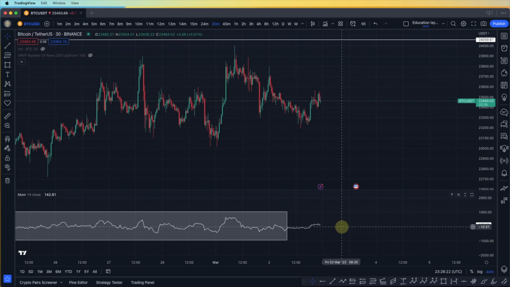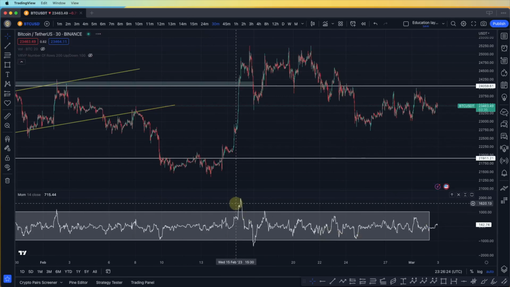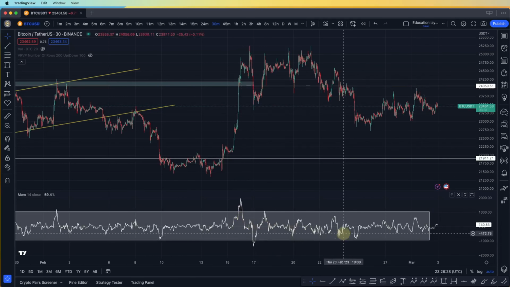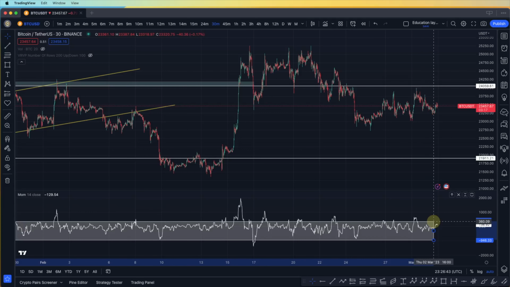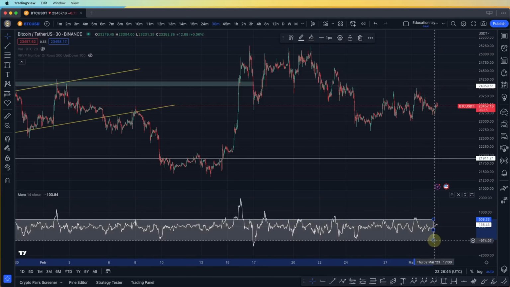If you're going for the lower time frame, this gets a confirmation from this area, because this breaks above this one as well. But if you want to trade on the lower time frame, you need to make it on that range again.